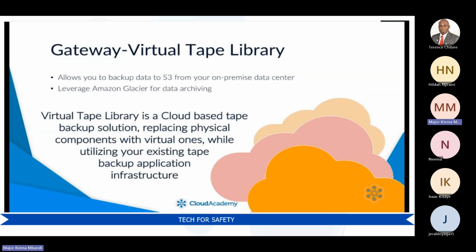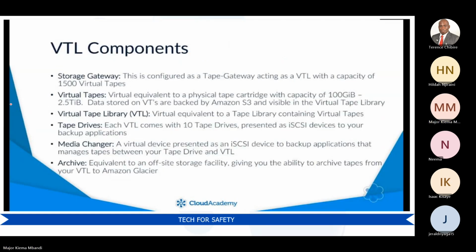So what are the components of VTL? VTL components include the storage gateway. This is configured as a tape gateway acting as a VTL with capacity of up to 1,500 virtual tapes. And then you have the actual virtual tapes, which are equivalent to physical tape cartridges, with capacity of 100 gigabytes to 2.5 terabytes.